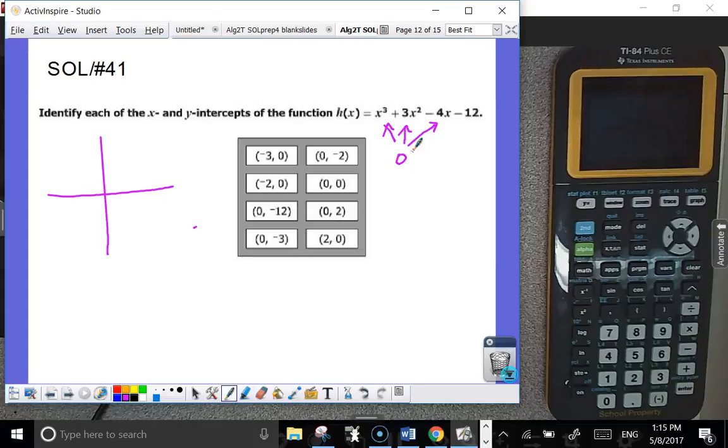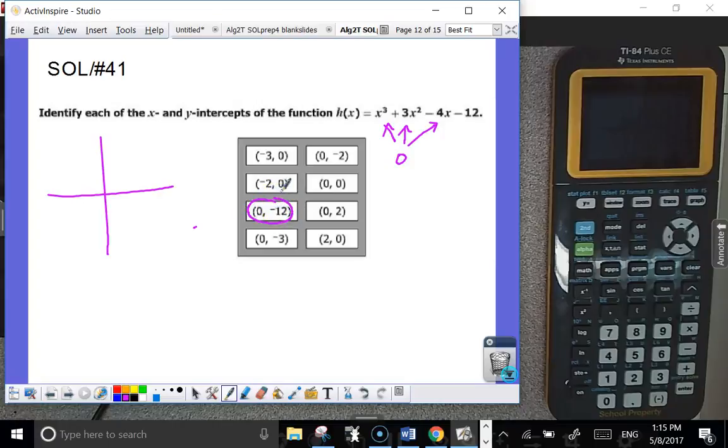Again, should be obvious. The constant term is always the y-intercept. Always. Because if you put in x equals 0, all those higher degree terms turn to 0. That's it. So we could say right away, here's the y-intercept.